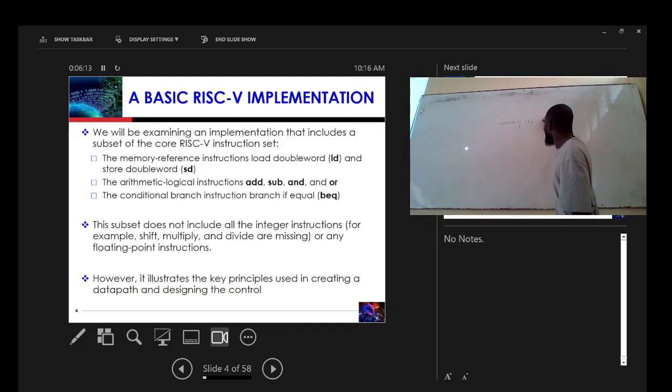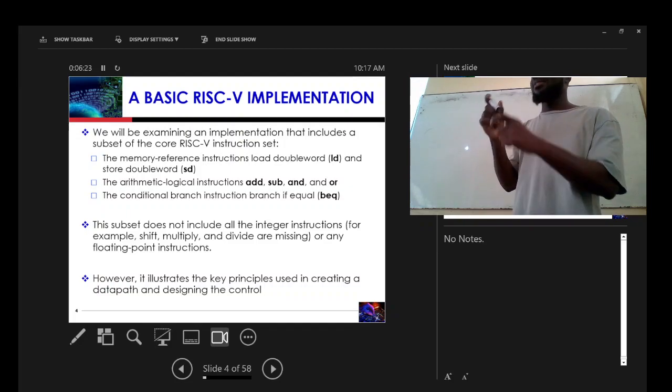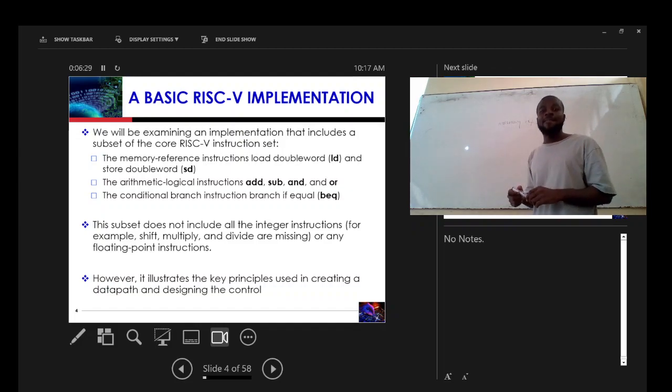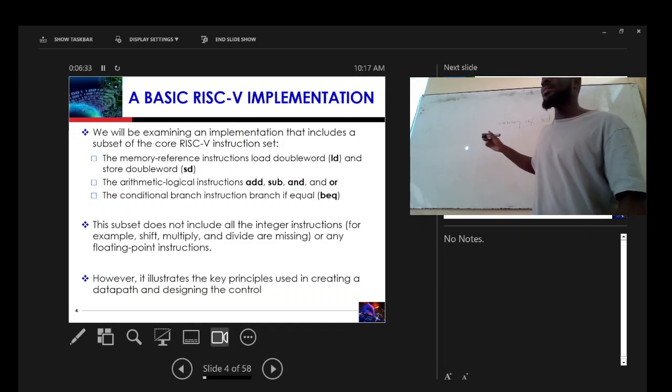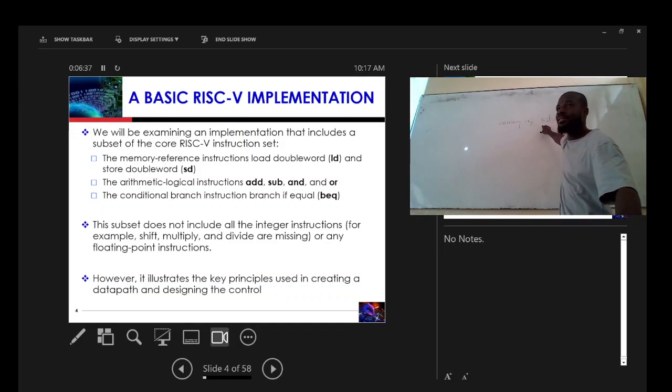We have the SD and then the LD. You guys know what this is? What is it? Store what? What is SD? What is LD?